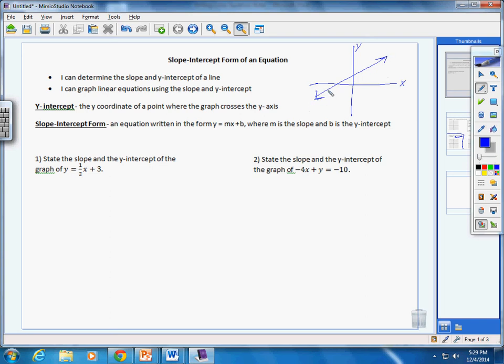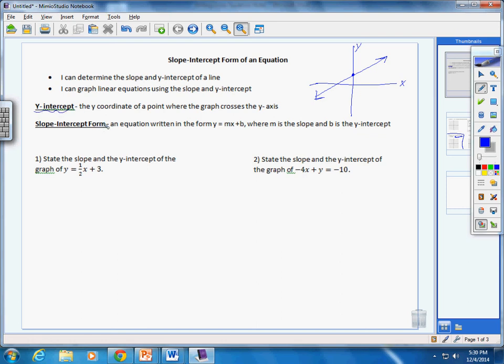Every line that we've graphed up to this point crosses over the y-axis at some point, right? Well, the point at which your line crosses the y-axis, actually the point that I've drawn here, that is your y-intercept. It's where your line intersects the y-axis. That is what the y-intercept is.